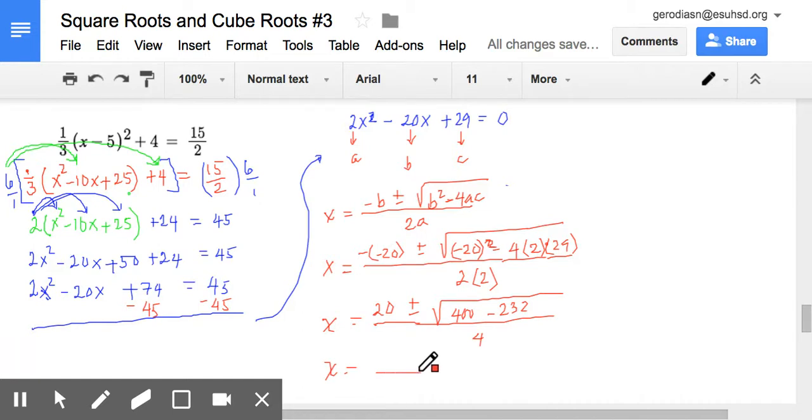So we'll have X is equal to 20 plus or minus square root of 400 minus 232 is 168 over 4.